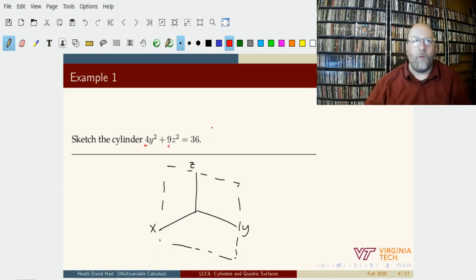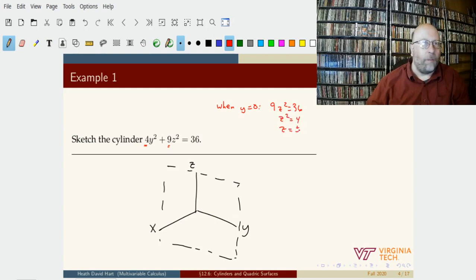And we can figure out what the intercepts are. When y equals 0, then the equation is just 9z squared equals 36. So z squared is equal to 4, and so z is equal to plus or minus 2. And so the z-intercepts are at positive 2 and down here at negative 2.